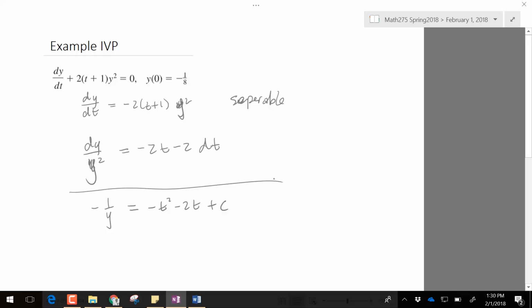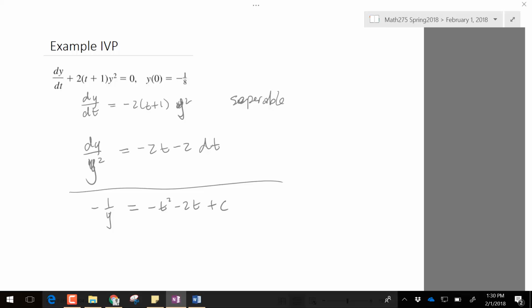So here's a good time to pause and think about what we need to do. If we were solving for this as a general solution, then we would solve for y and be done with it. But we have an initial value. So we have two choices. We can continue to solve for y and then solve for c, or we can solve for c at this point, because at this point it looks like it's fairly easy to solve for c, and then continue to solve for y after you know what c is equal to.